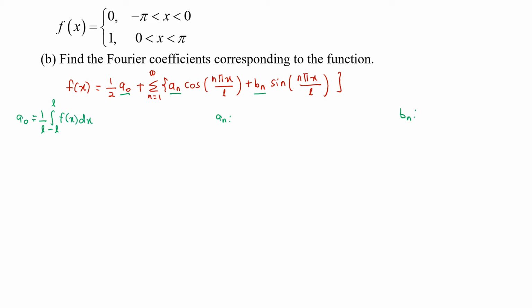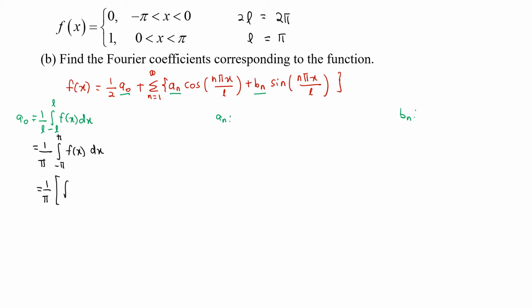First we try to solve a naught. We know that the period is equal to 2 pi, where this is equal to 2L. So L will be equal to pi. So 1 over pi, the integral from negative pi to pi of f(x) dx. We rewrite this, but the function here is defined separately: the interval from negative pi to 0, and the second interval from 0 up to pi. So we have to separate this.